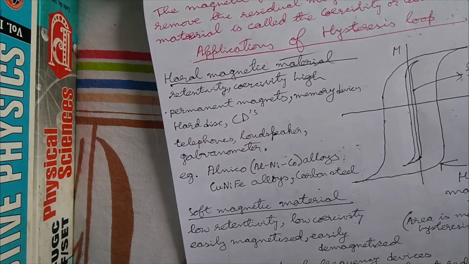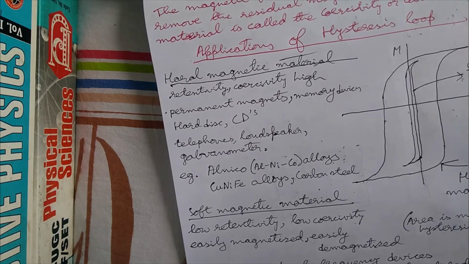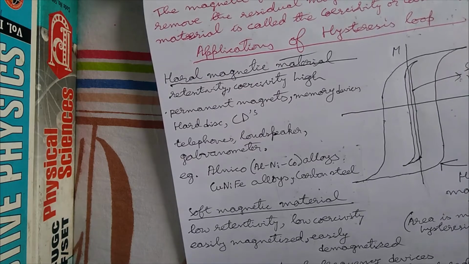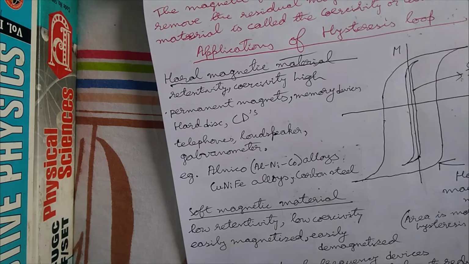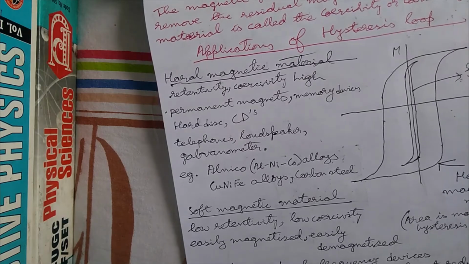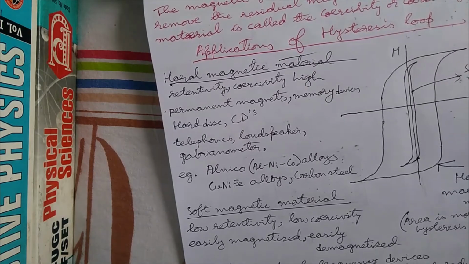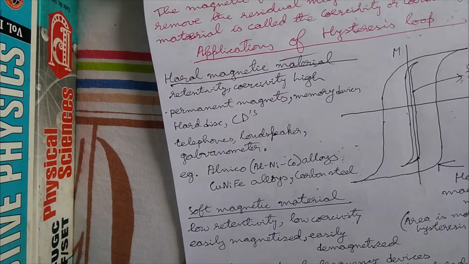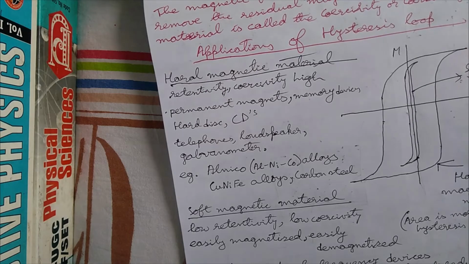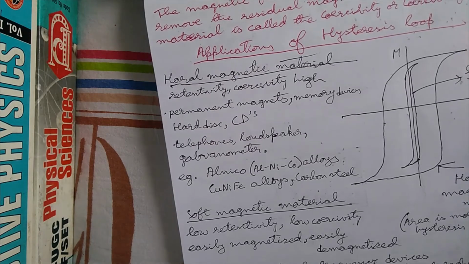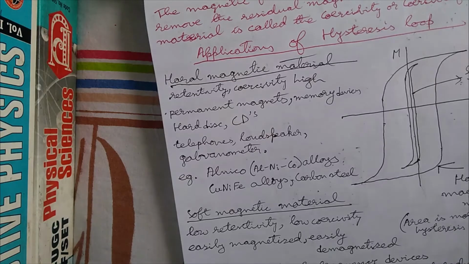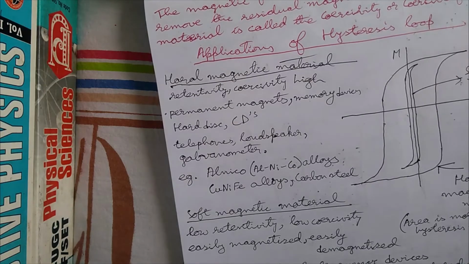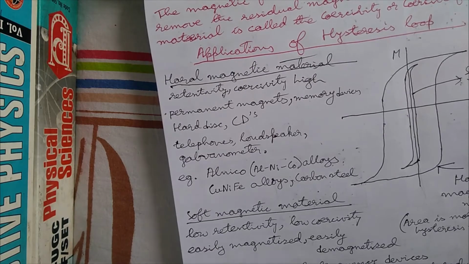What is permalloy? 55 Fe, 45 Ni. Then magnetic mild steel, etc. These are the examples of soft magnetic material.